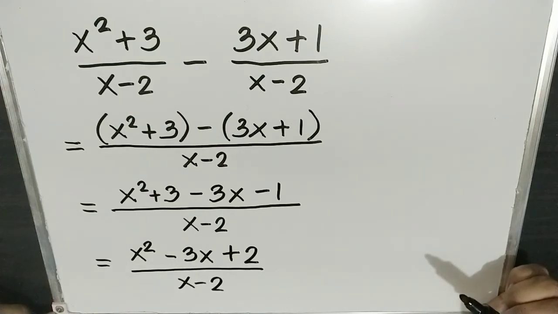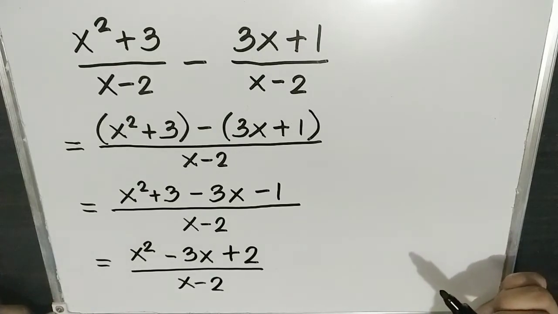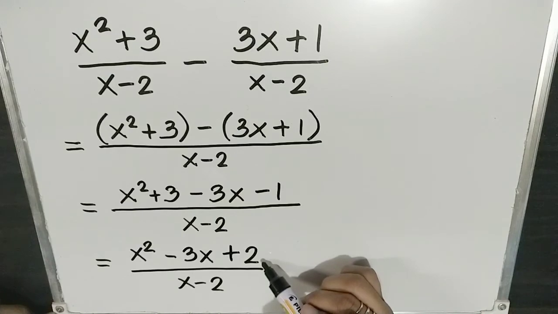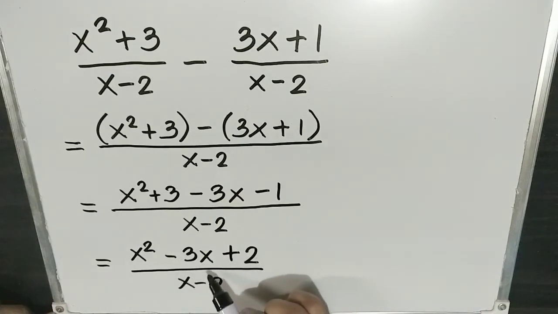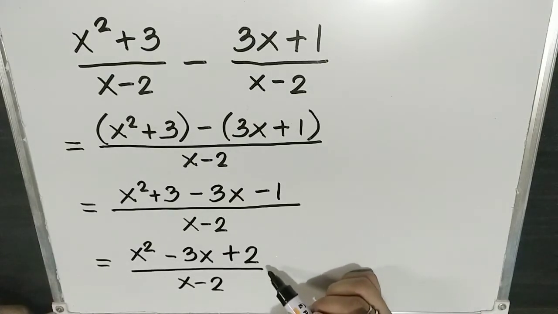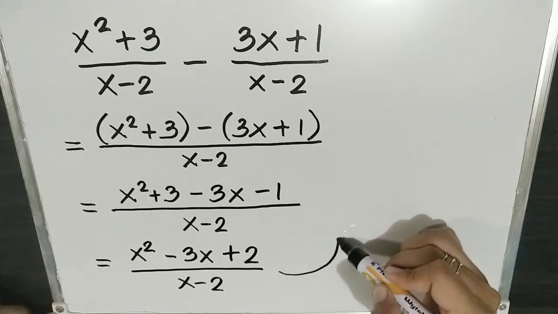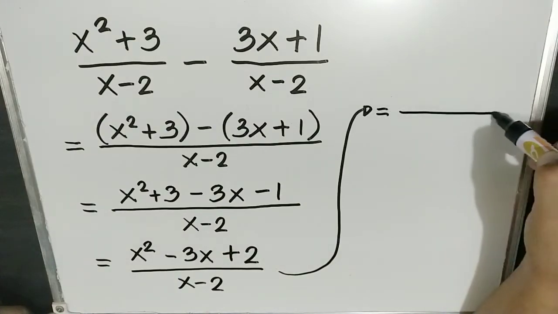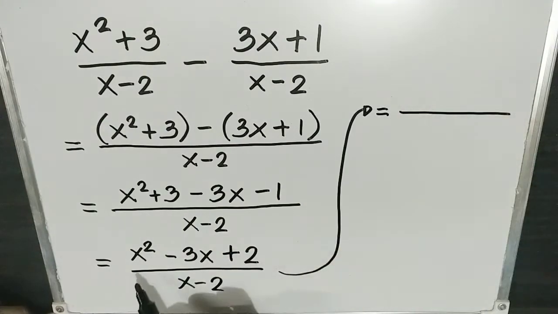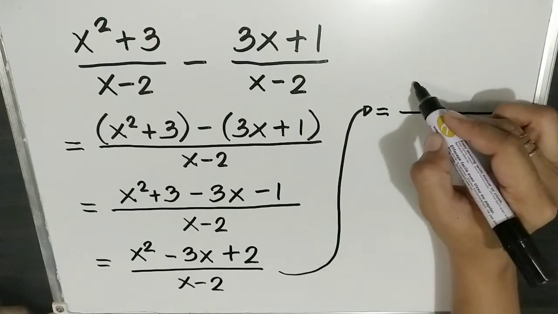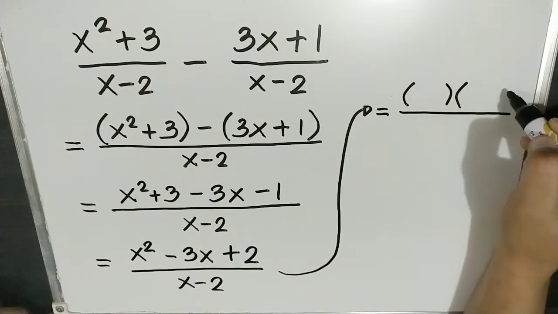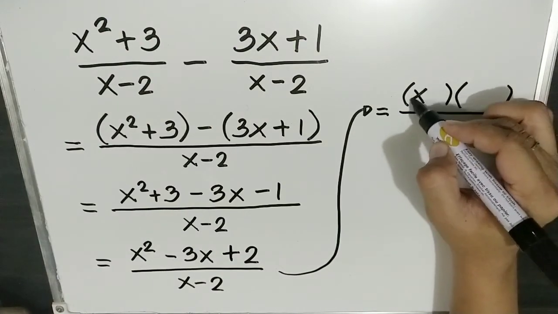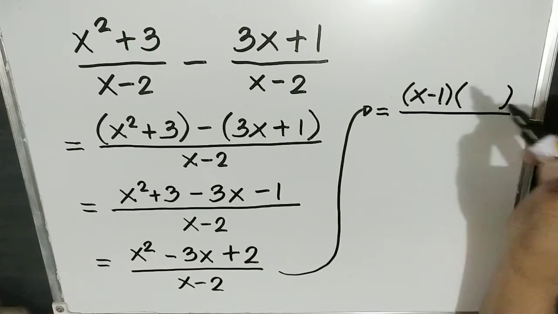Next one is we have to factor the expression in the numerator. x squared minus 3x plus 2. It can be factored out. So let's continue. Okay, let's write the factors of x squared minus 3x plus 2, and that is x minus 1.